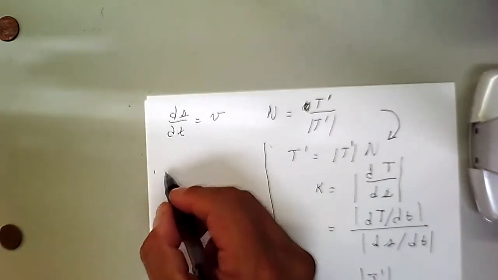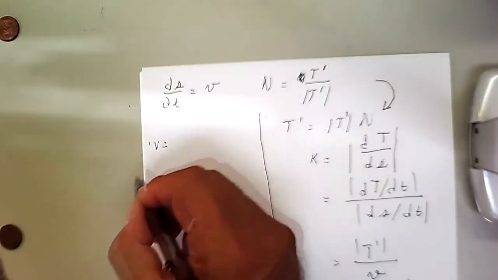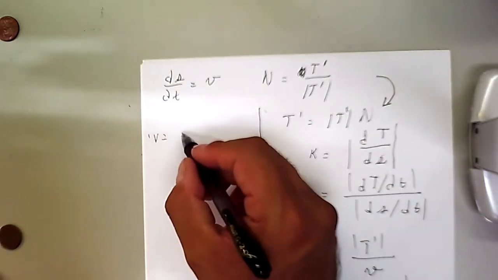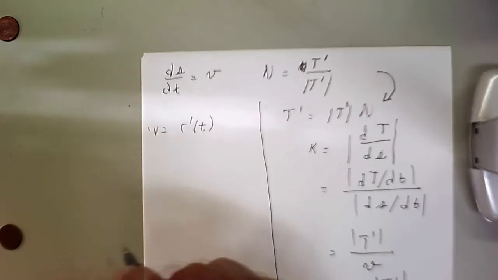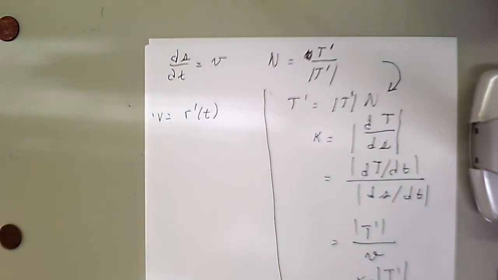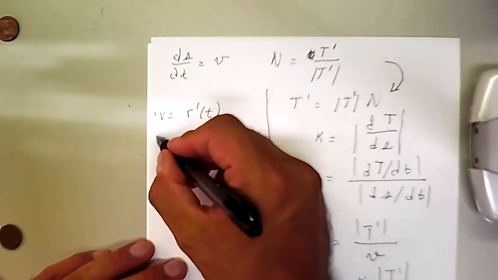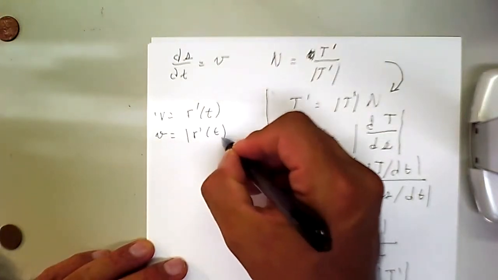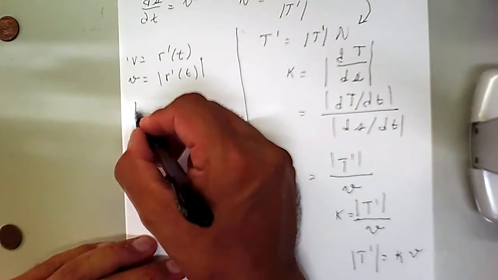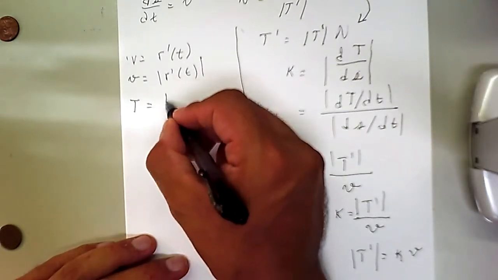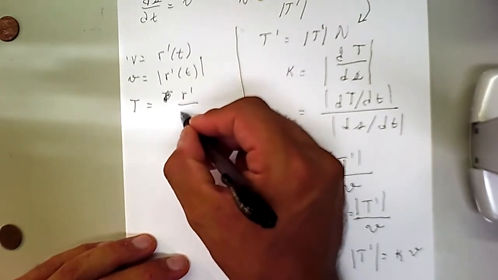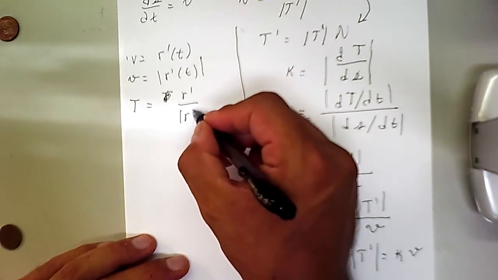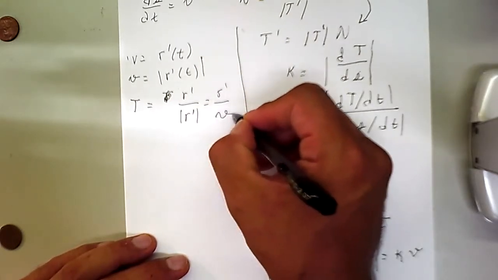Okay, so the velocity is equal to r prime of t, the speed is the magnitude of that, and the tangent unit vector T is r prime over the magnitude of r prime, so that is r prime over the speed.